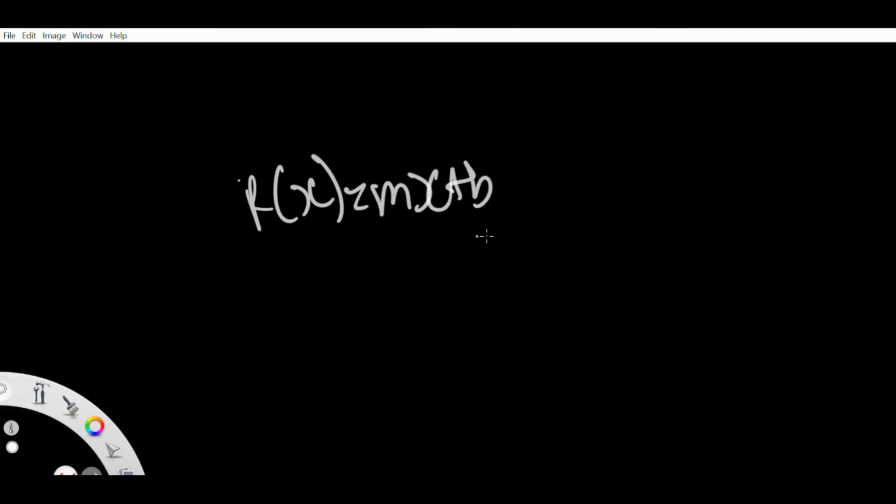So finally, let's look at one last type of transformation, which is reflection. When the slope m is multiplied by negative 1 in f of x equals mx plus b, it is reflected across the y-axis, which basically means you have a line like so.